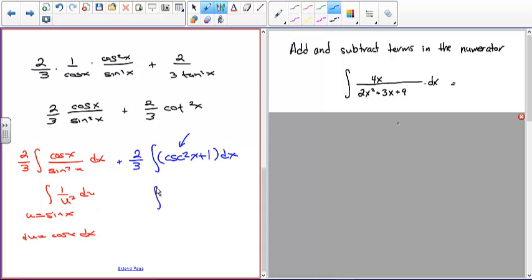So we know that this is the one that's in your book. The integral of cosecant squared dx is equal to negative the cotangent of x. And the integral of 1 is just x. So this would be 2/3, and the integral of 2/3 dx would just be equal to 2/3 x.